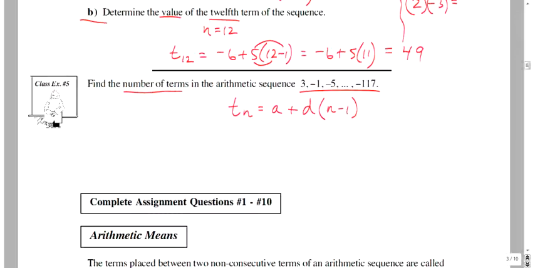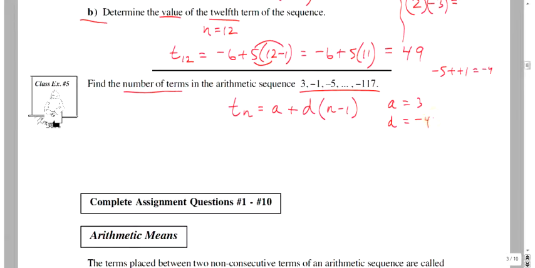There's 4 variables. I got to know 3 of them. What's A? What's D? Everybody see that? I need to check. Negative 5 minus negative 1 is negative 4. You're right.